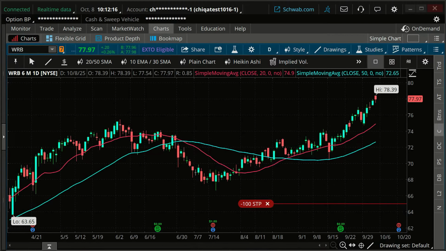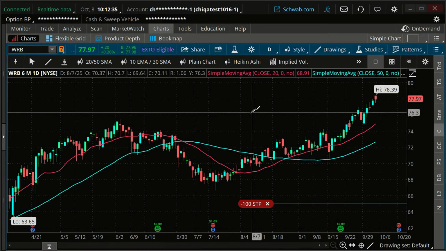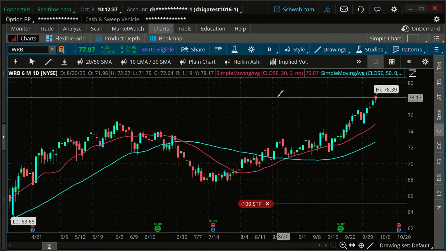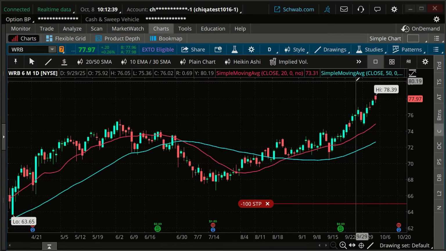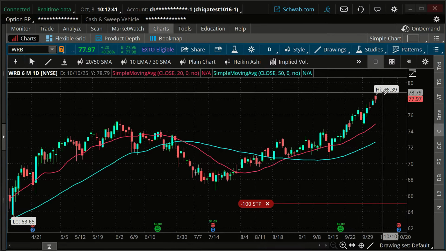Okay. Josh said, am I considering implied volatility for this? I haven't at this point. In general, it's going to help out if I can sell at a higher implied volatility, and if the implied volatility were to go down.